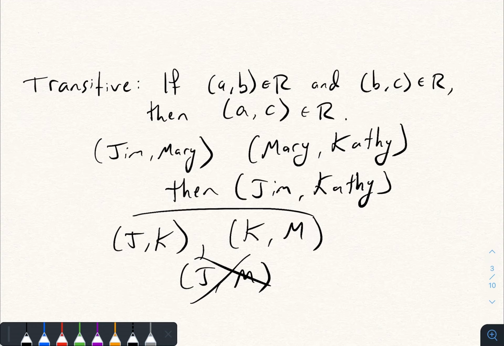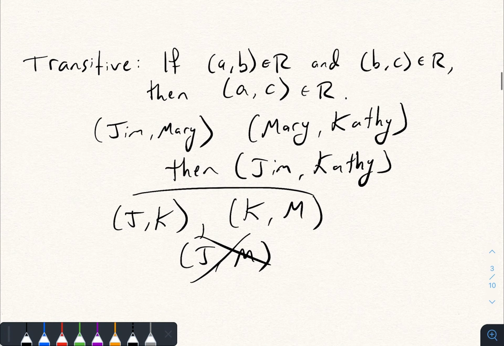So the person A likes person B relation fails all these properties, so it's not a very good relation by a lot of standards. Okay, but the same color shirt one satisfies all these properties, so it's really good in all that respect.